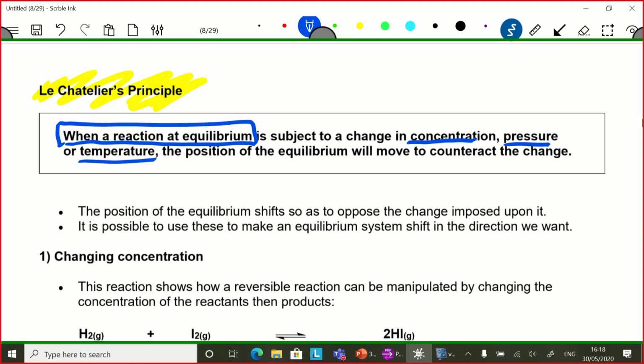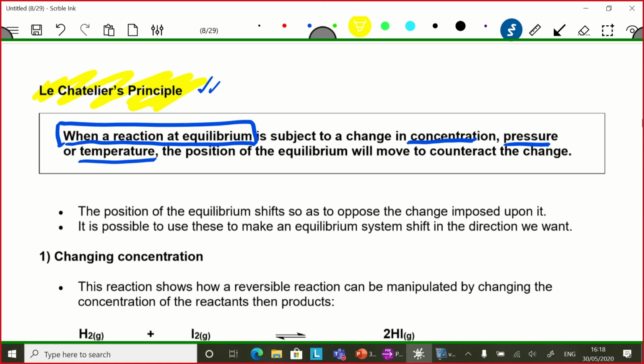Okay, so there are many ways of stating the Le Chatelier principle. This is one form you can use, but apart from the statement itself, you need to understand what we're doing here.